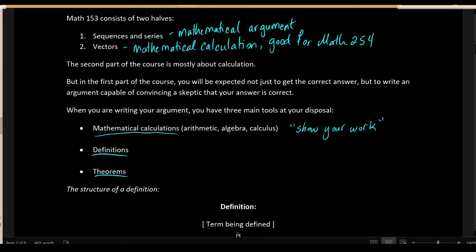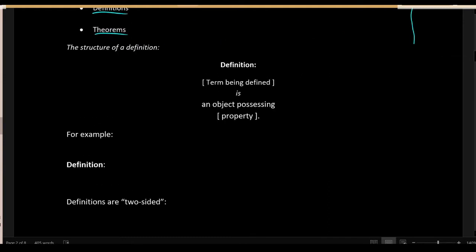But as we get into the sequences and series part of the course, we're going to have to rely a little bit more heavily, not just on mathematical calculations, but on definitions and theorems. Let's start by talking about what a definition is, mathematically speaking, and how to use one appropriately to convince someone that your answer is right.